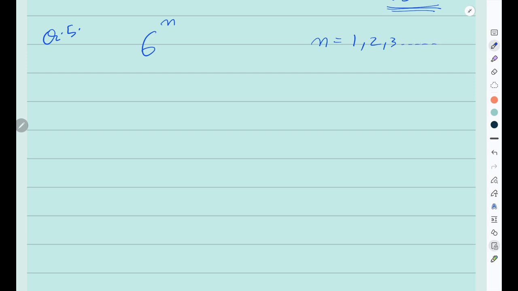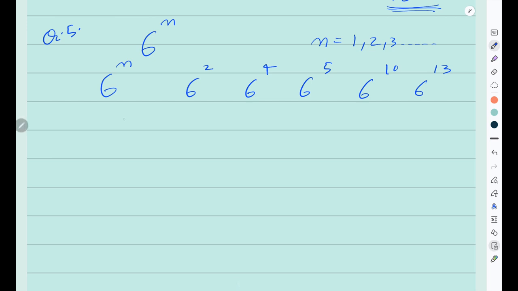Okay, so we need to check whether, for example, either 6 to the power 2 or 6 to the power 4 or 6 to the power 5 or 6 to the power 10 or 6 to the power 11 or whatsoever, 13, any of these numbers could end with digit 0.